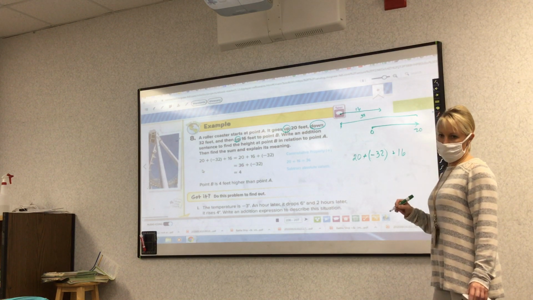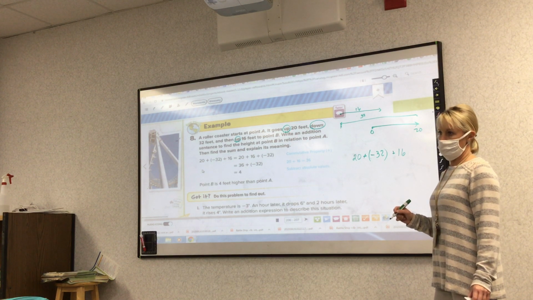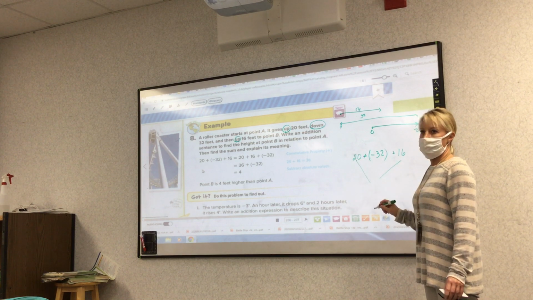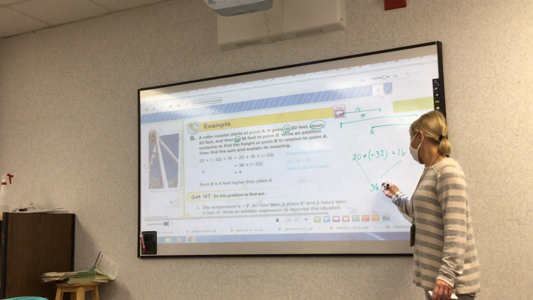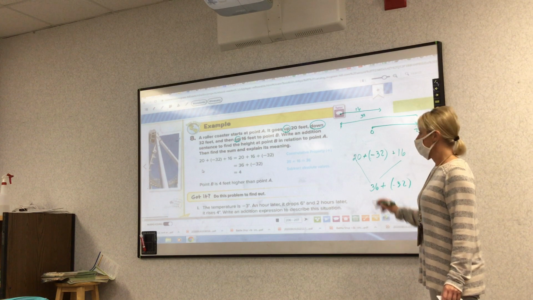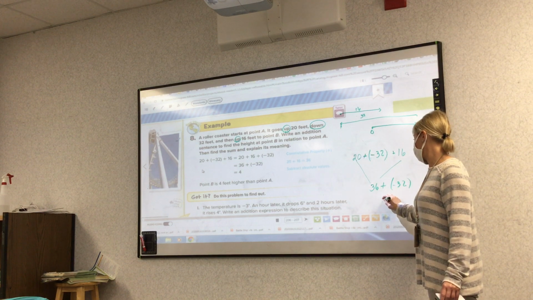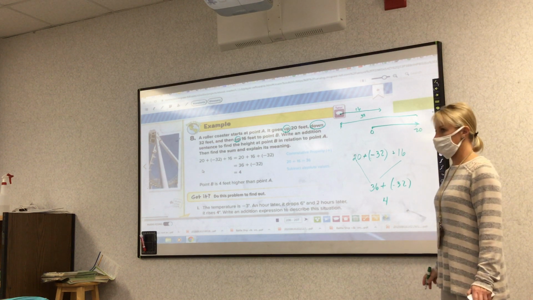Which two numbers do you think I should combine first? 20 and 16, because they're both positive. And 20 plus 16 is? 36. So now I have 36 plus a negative 32. So I have line 1, line 2, and then my answer would be 4, and it stays positive because 36 is positive.